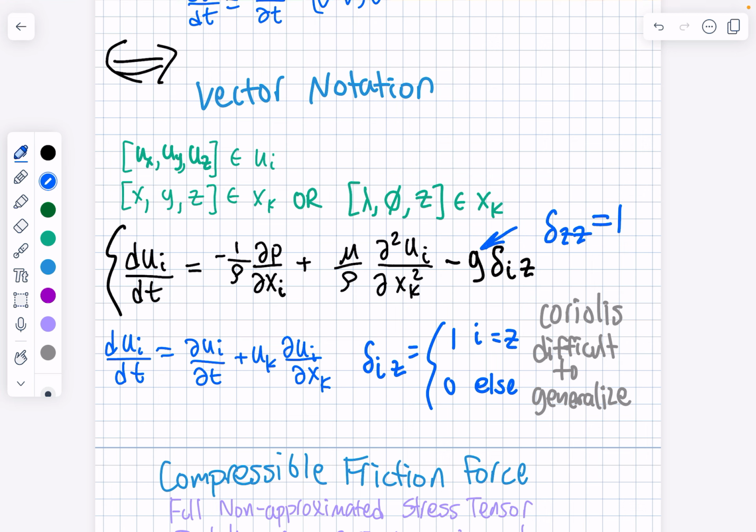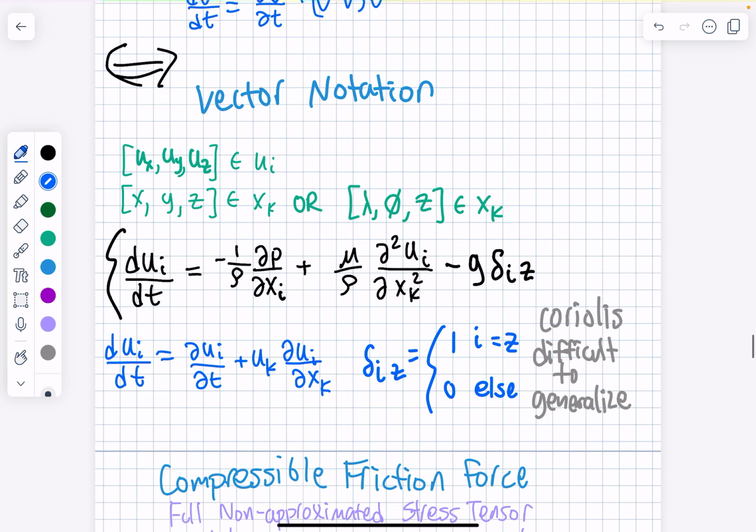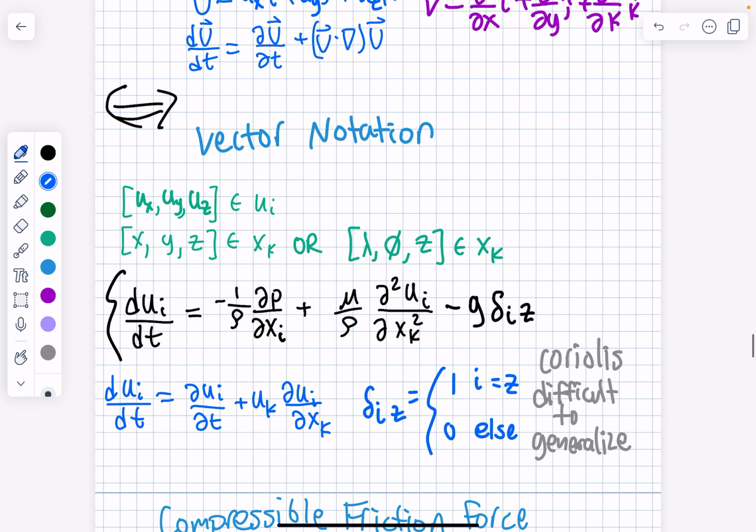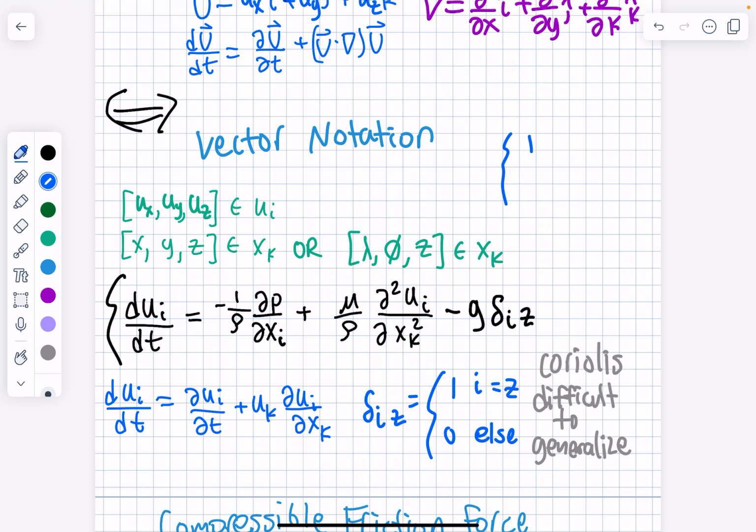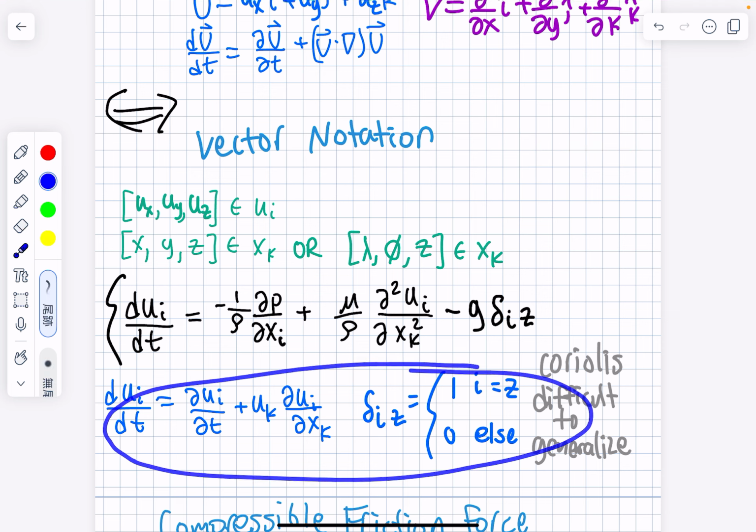Then we'll just subtract gravity in that equation. So if we were talking about horizontal gravity or something crazy like that, this notation would become something like if i is equal to x or z. But obviously we don't have that in our world. But this notation is basically extremely flexible.